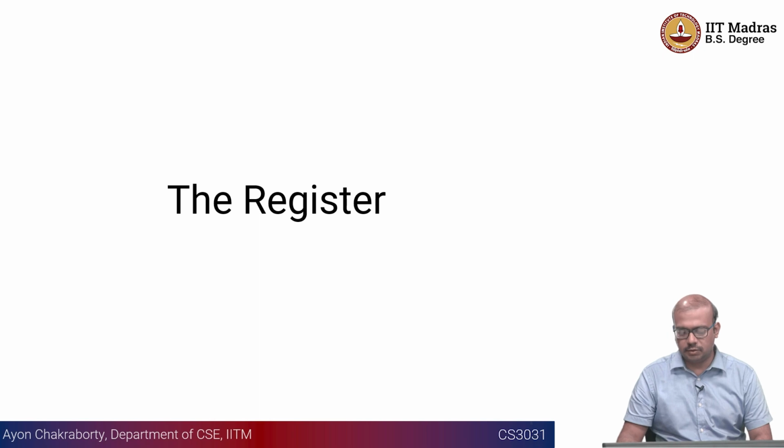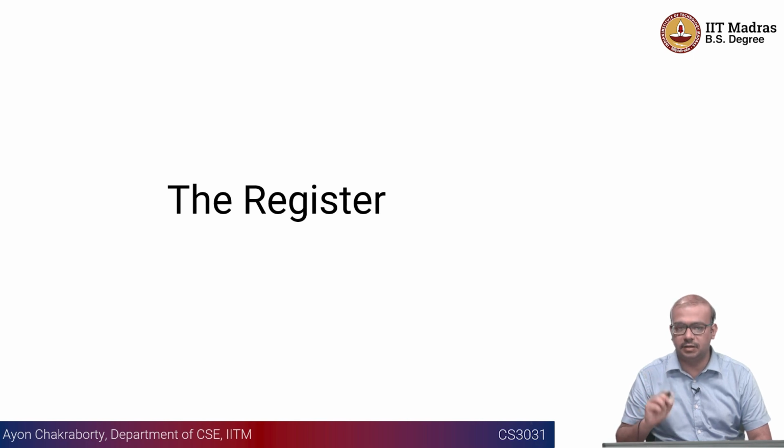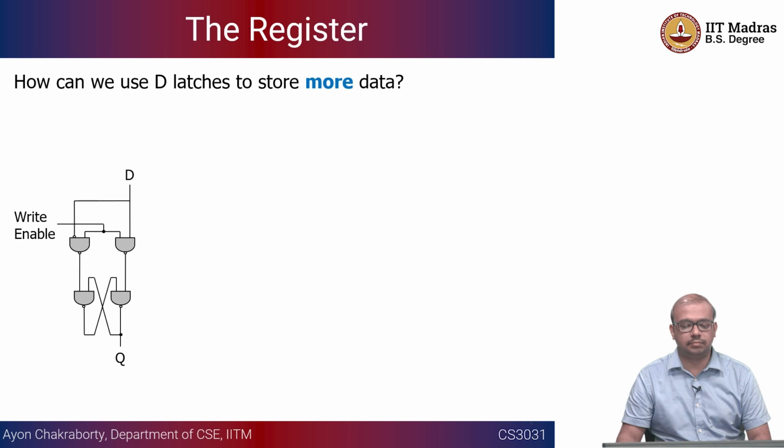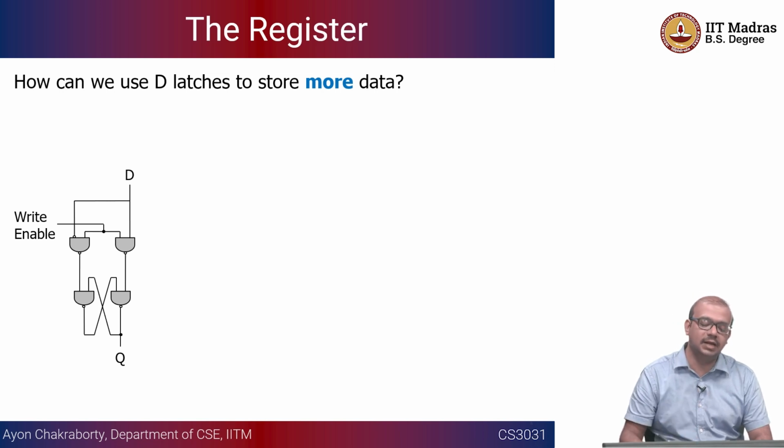Okay, so what is a register? The register is nothing but a collection of flip-flops, and every flip-flop, as you know, has the capability to hold a bit. Okay, so we can use D latches to store more data, right? How can you use more D latches to store more data? You basically use more D latches, right? So currently, whatever I have taught earlier, this is a gated D latch.